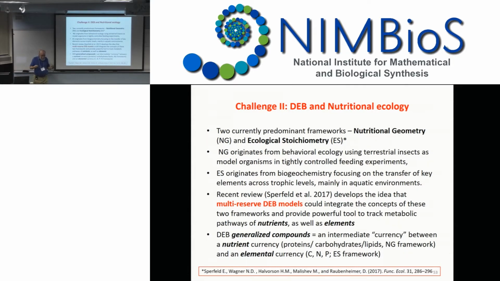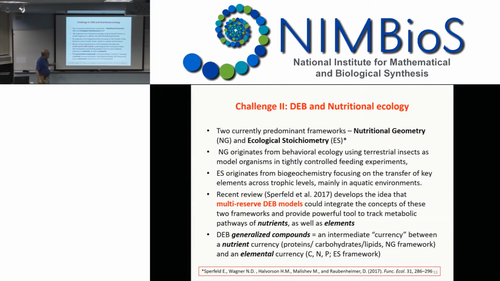And the ideas behind nutritional geometry had their origins in studies of insects where animals were moving around with a choice of food items and trying to achieve some kind of balance, whereas much of DEB theory and much of the current work on ecological stoichiometry was very much influenced, in fact probably over-influenced, by work on organisms like Daphnia that were indiscriminate filter feeders.